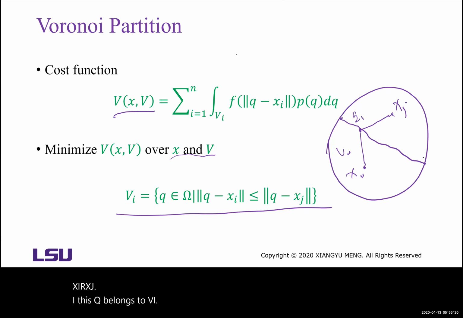Maybe we can practice this Vi and this Vj. Here we want to minimize the cost function over both x and V. Of course, when you move x, it will change the shape of V.